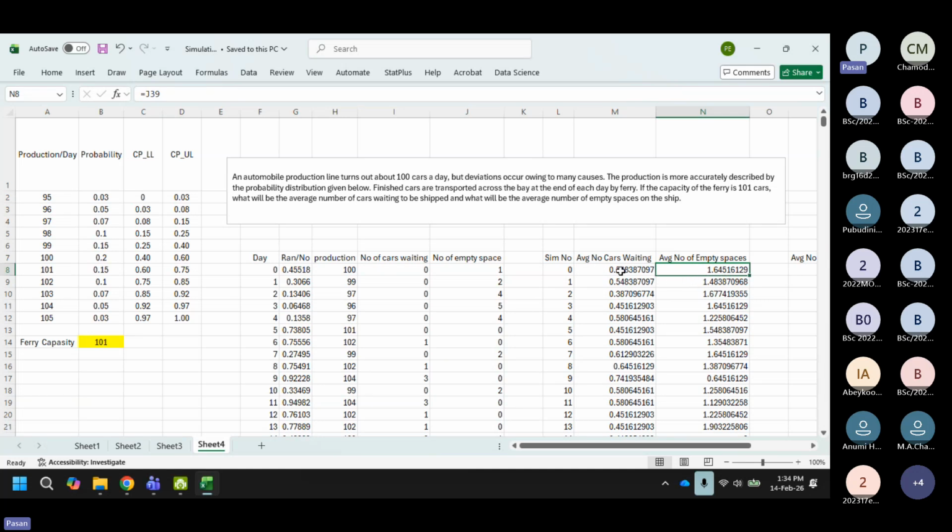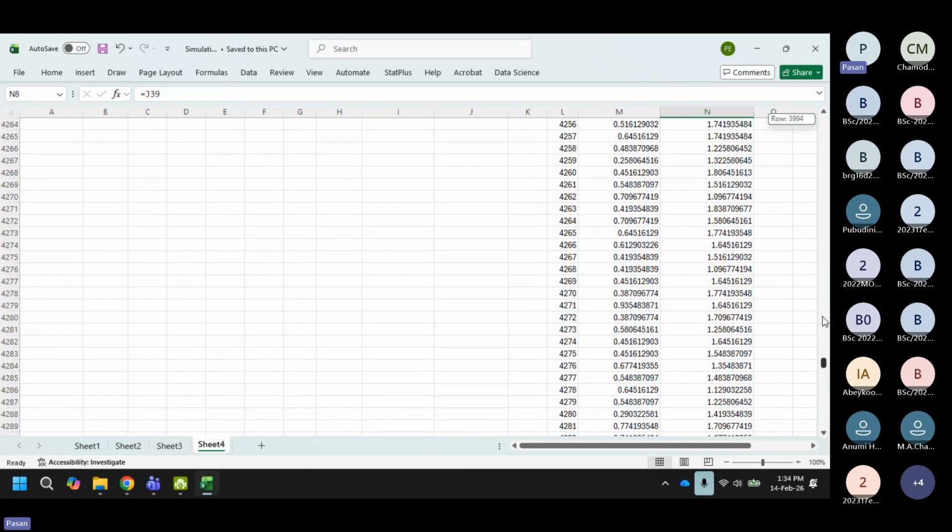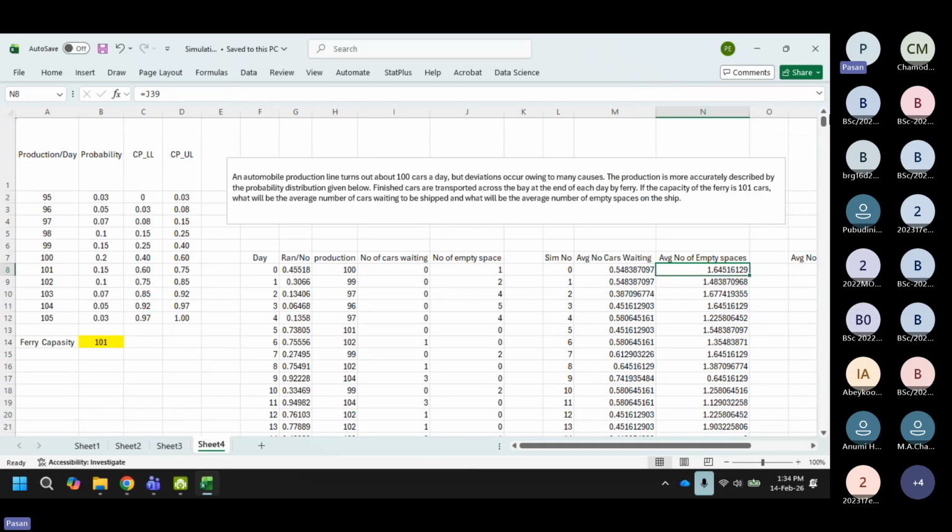And then what we can do is repeat this for a very large number of times. Usually, I think in Excel you can go up to 10,000 or even beyond that, right? But here I did it only for 5,000, due to the capacity of my computer, right?